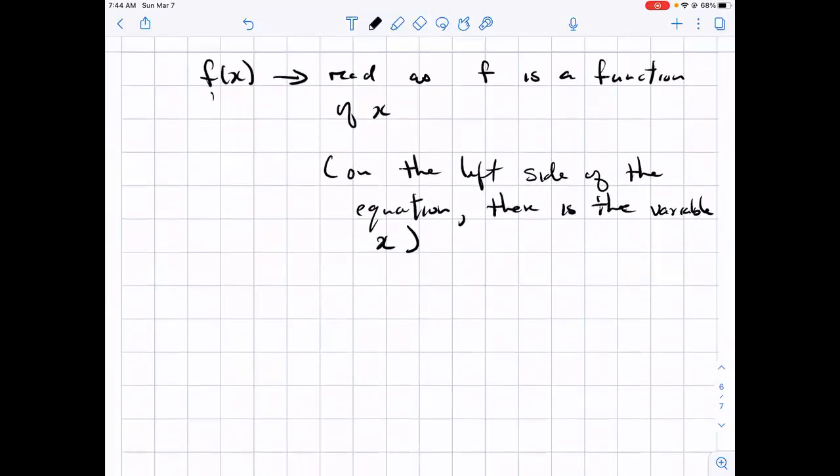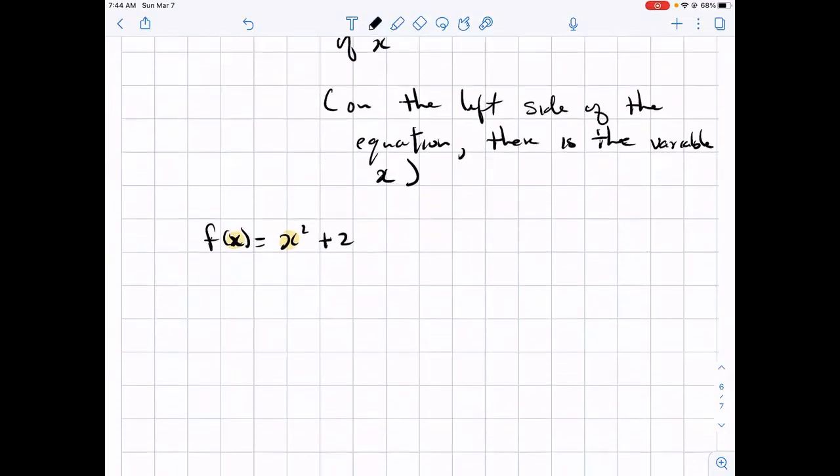So if we have f of x equals x squared plus 2, because there's an x here, you should expect the same x on the right side, not a different x. So these are just different ways of writing things.